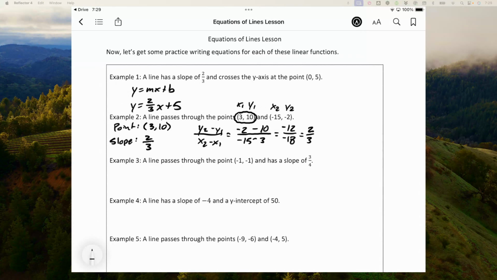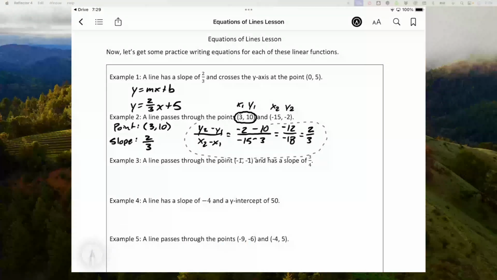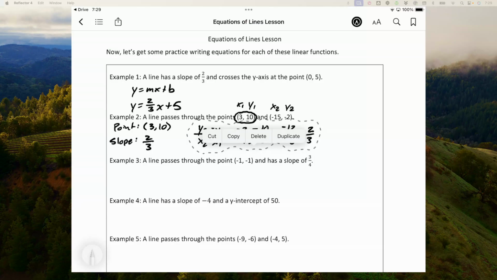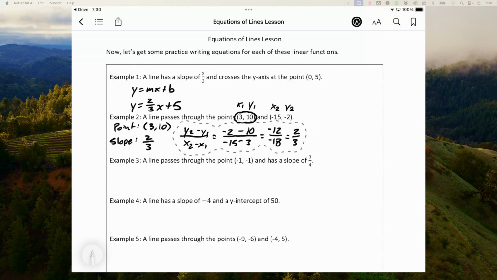Now, for the point-slope form, we are going to be going y minus y1 equals m times x minus x1. And so we will have y minus y1 is 10, slope is 2/3, x minus x1 is 3.